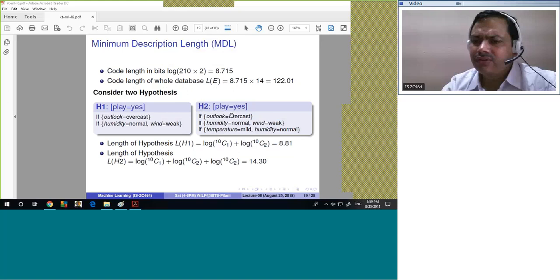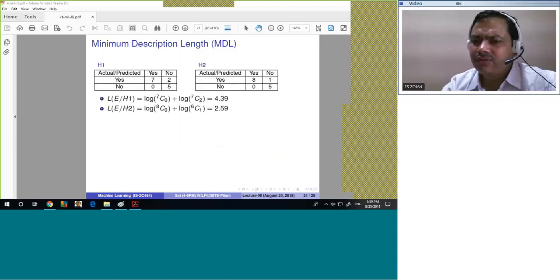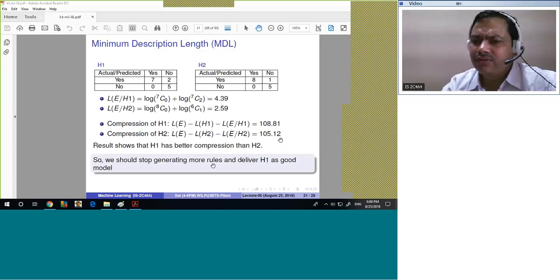Since the algorithm will make some errors on the data, we also have to store the exceptions, and those took 4.39 and 2.59 bits respectively. Therefore the overall compression achieved by H1 and H2 is 108 and 105. So we concluded that although hypothesis 2 has less error, on the information theoretical evaluation it was not a better algorithm. So we should not go beyond this.